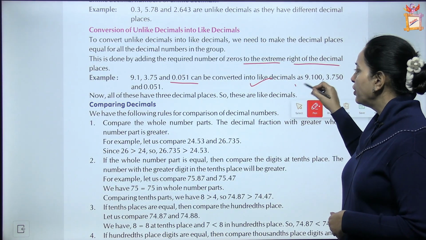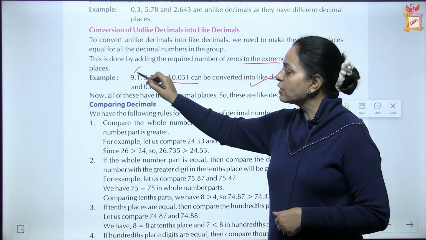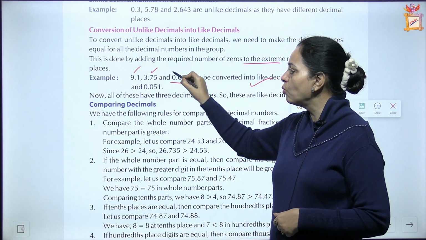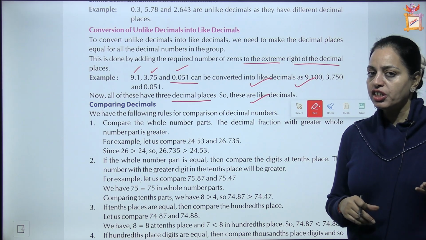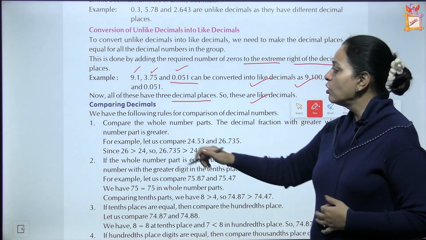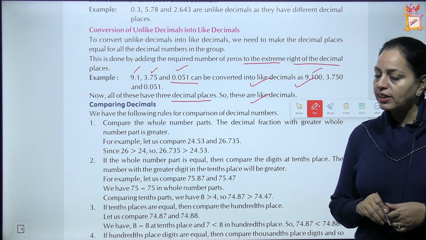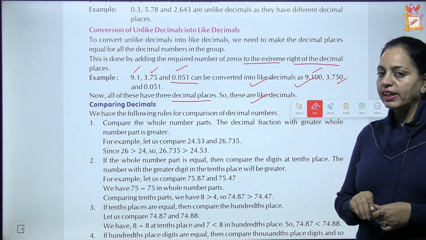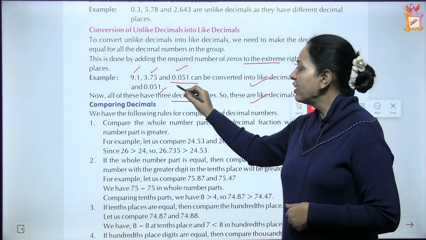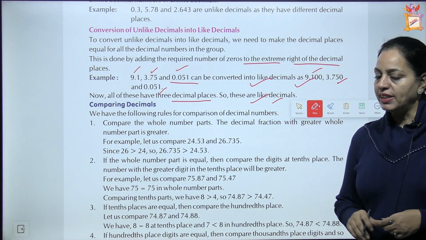These can be converted into like decimals. Because this number has one decimal place, this has 2 and this has 3. So how can we write it? We are changing into 3 decimal places. So 9.1 becomes 9.100, we add 2 zeros. Here 3.75, we add 1 zero, and this one as it is. Now these are like decimals with 3 decimal places.